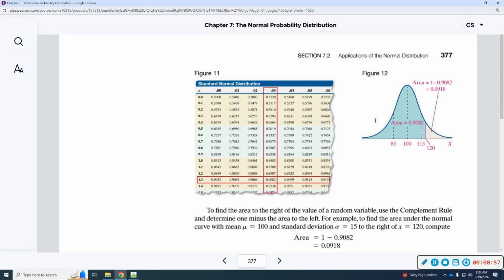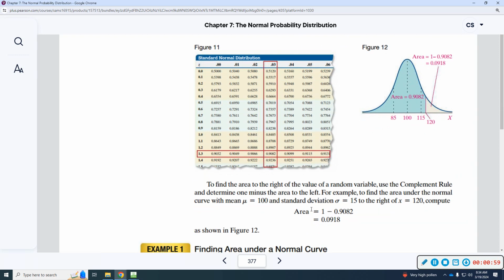When we find a z-value, so we do x minus mean divided by standard deviation, we will get some value. We're going to round it to 2 decimal places, and we will go to that table. So for example, this is saying we got 1.33. The second decimal place was a 3, so you go down the column, find the first decimal place, 1.3. You go across that row until you get to the column that matches the second decimal place.